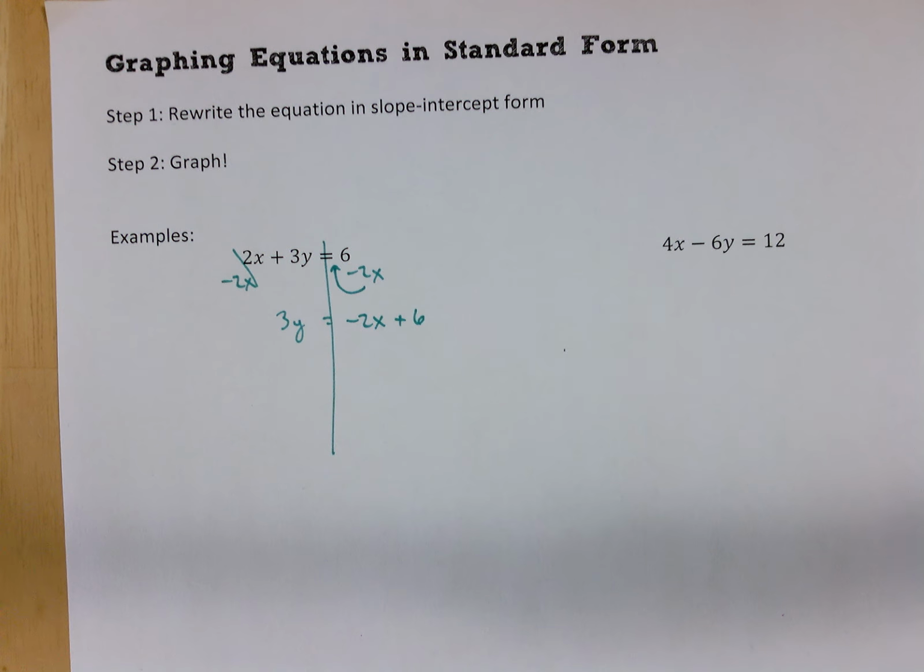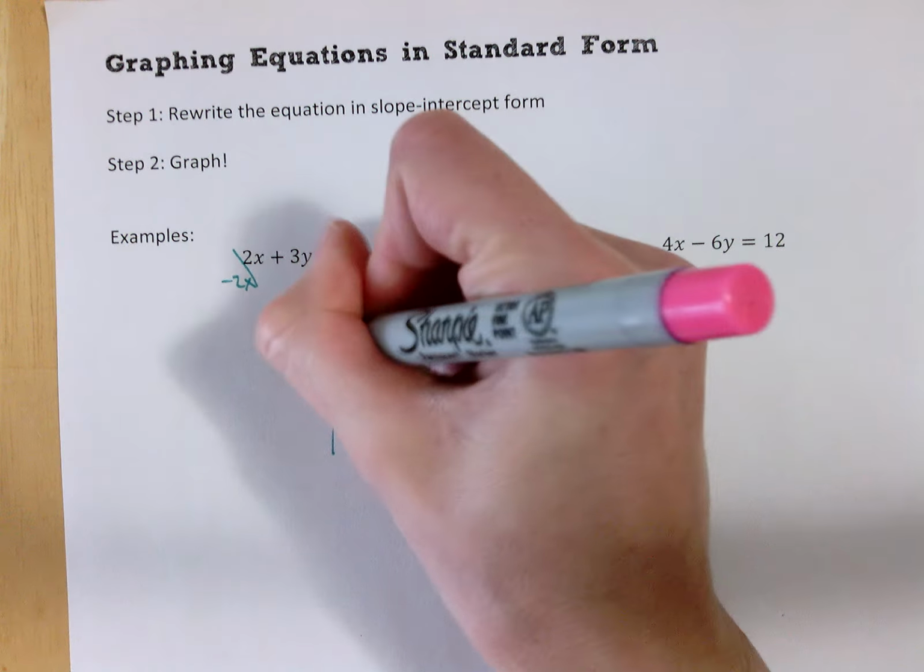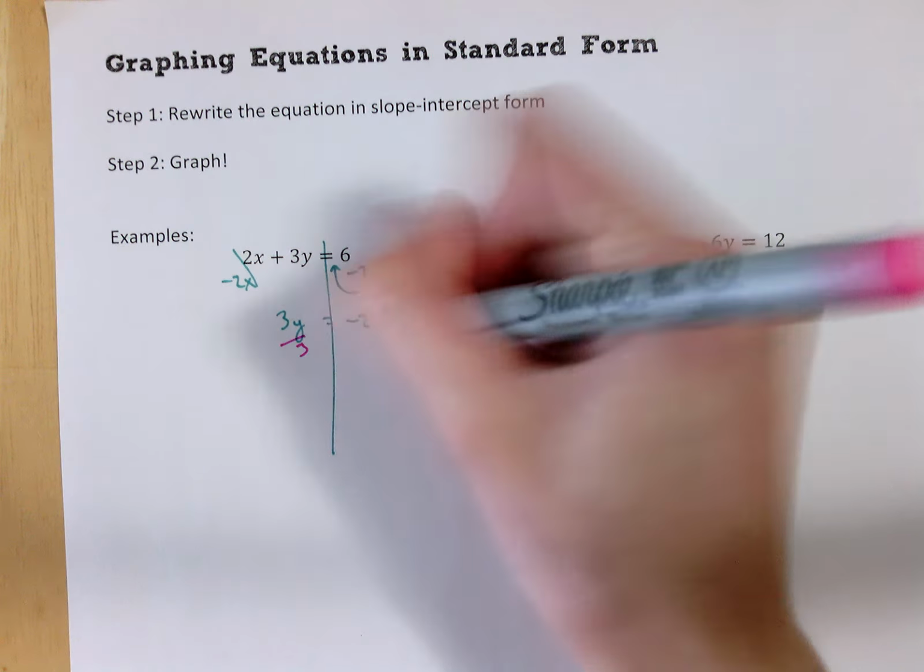Step 2, I'm going to divide everything by 3. So those will cancel, and then I've got y equals, these guys don't divide evenly. No big deal, we'll leave it as a fraction. Negative 2/3 x. And then 6 divided by 3 is 2. So there's my line in slope-intercept form.